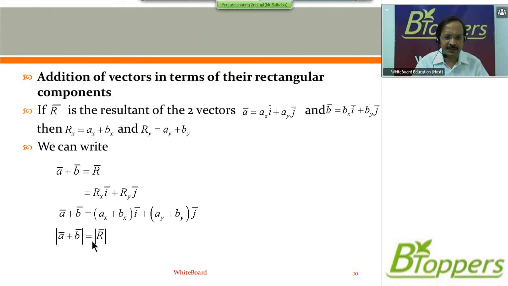Magnitude of the resultant of A bar and B bar, or magnitude of R bar, can be written as square root of Rx square plus Ry square. Here we can substitute Rx equal to AX plus BX, Ry equal to AY plus BY.